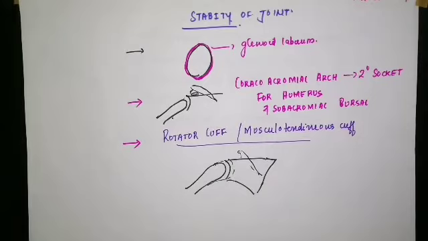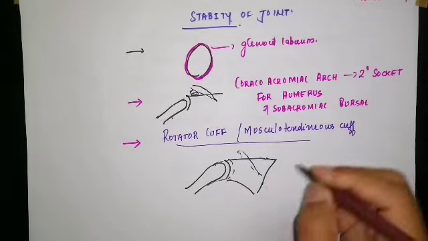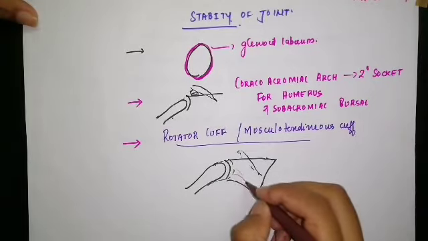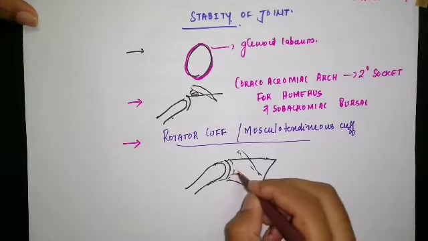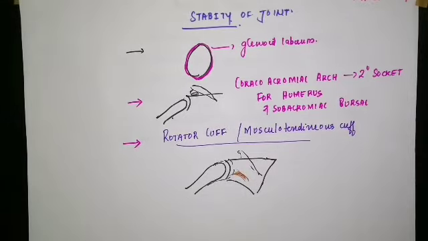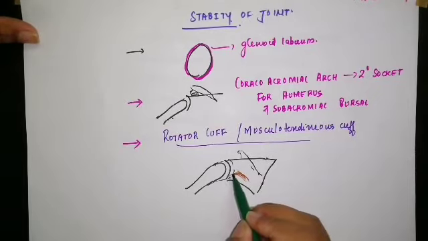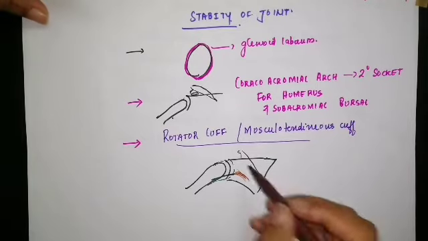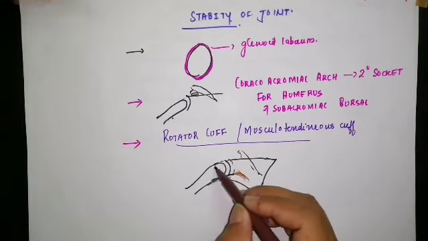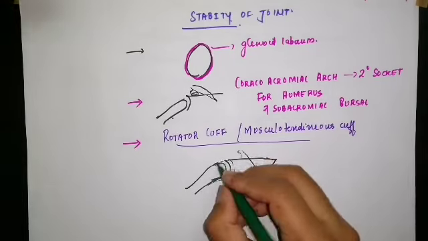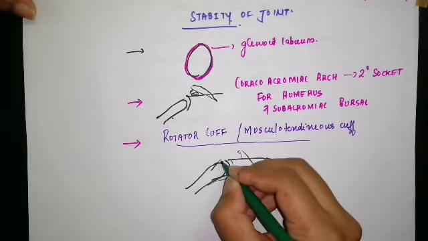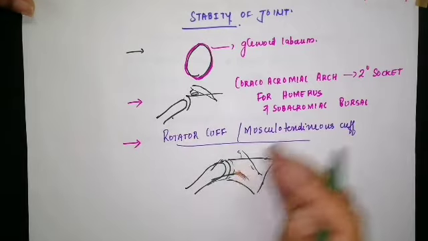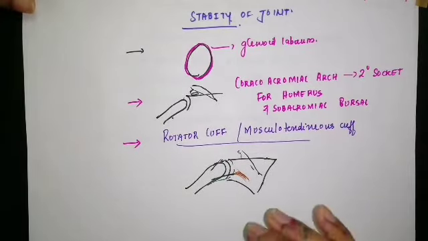The tendon of the subscapularis gets inserted here into the lesser tubercle. The supraspinatus tendon gets inserted into the greater tubercle. Similarly, on the posterior aspect, the teres minor and infraspinatus tendons get inserted into the capsule.